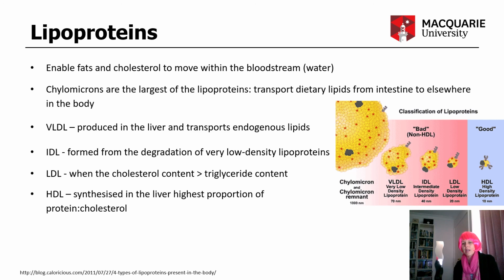And if we have a look at HDL, they help remove some of the accumulated fats and lipoproteins from our arteries and our tissues and help metabolize them. So they're good because they help metabolize and remove the buildup of fats, where the others are depositing fats in places.